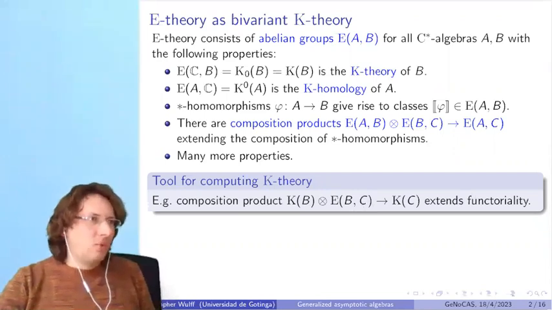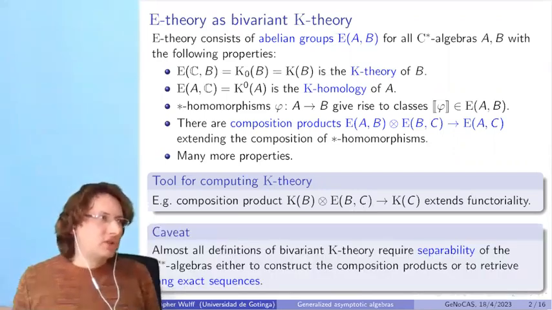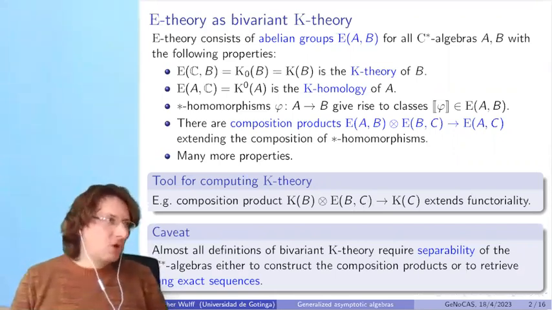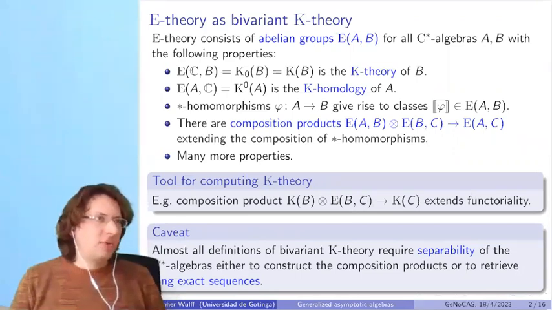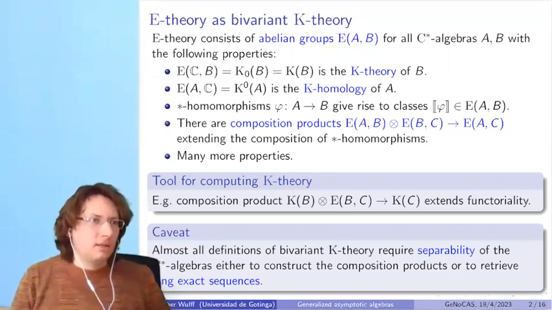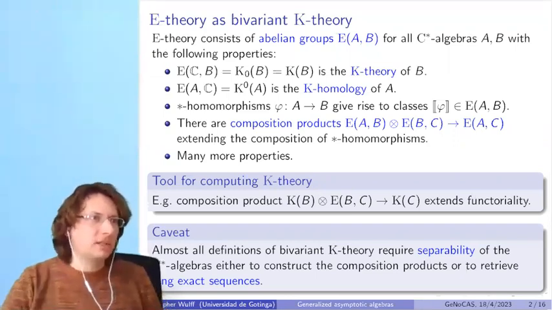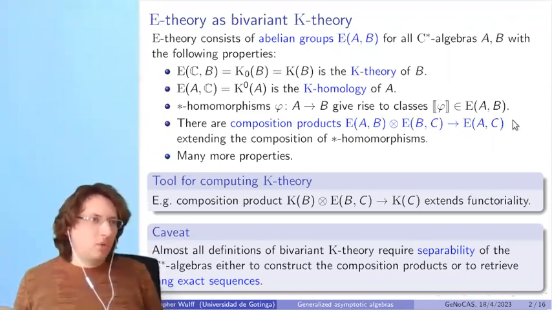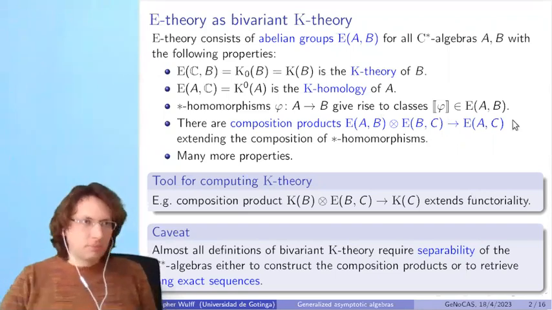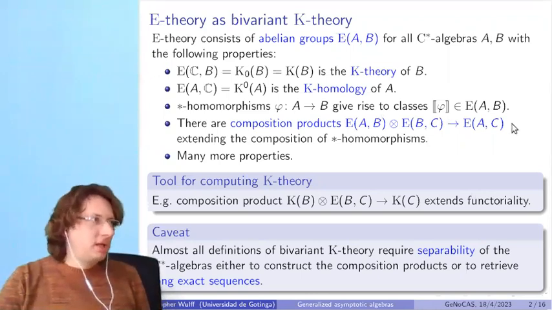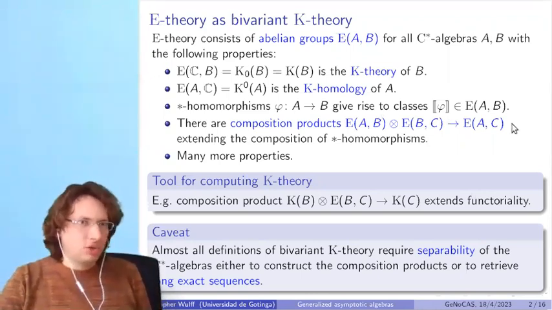Now there's one drawback in almost all definitions of bivariant K-theory, and that is that almost all definitions require separability of the C-star algebras at some point or other. Usually it's either at the definition or construction of the composition products, or, if that works, it appears later on when one tries to prove the long exact sequences. For example, in Kasparov's original definition of KK theory, you really needed separability to write down the composition products.